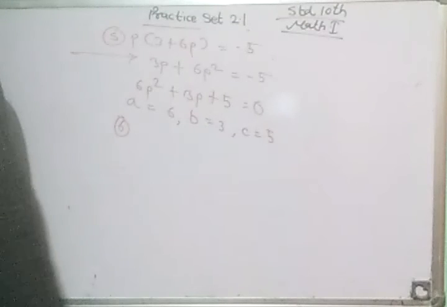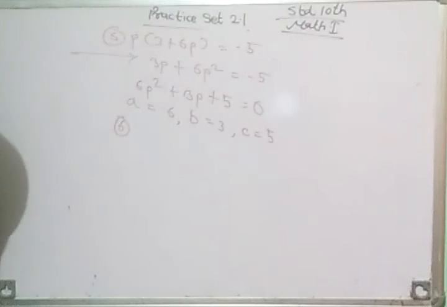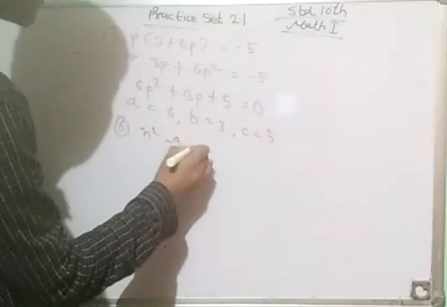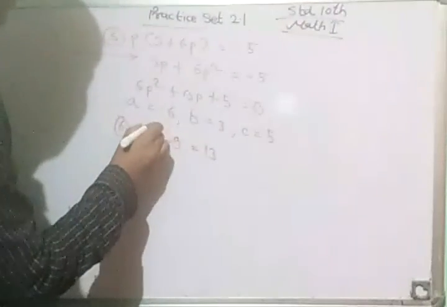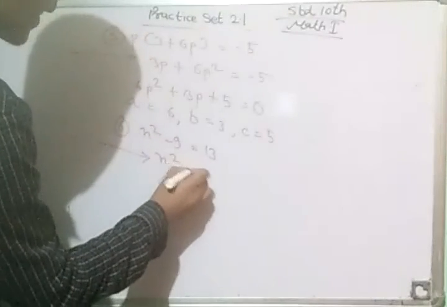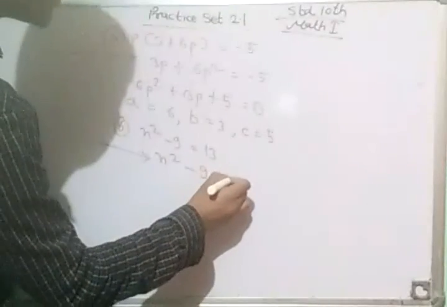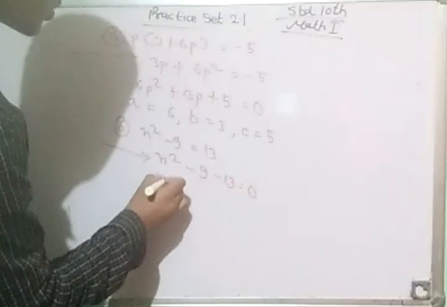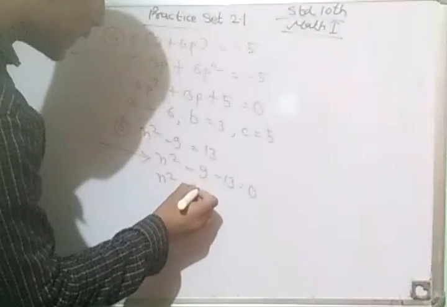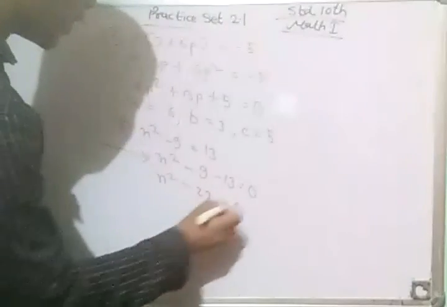And the last example of the third question is x square minus 9 is equal to 13. Friends, we convert first into the standard form. x square minus 9 minus 13 is equal to 0. x square minus 9 minus 13 is equal to minus 22 is equal to 0.